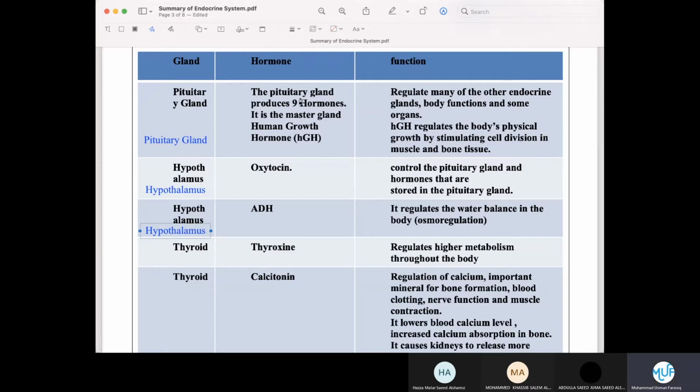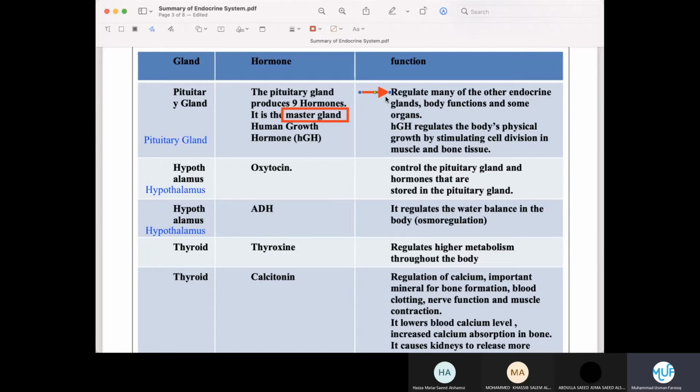What we have to see is that the pituitary gland is the master gland of your body. Remember, it is called the master gland because this gland regulates most of the other hormones in the body, or you can say almost all other glands in the body. That's why it is called the master gland.